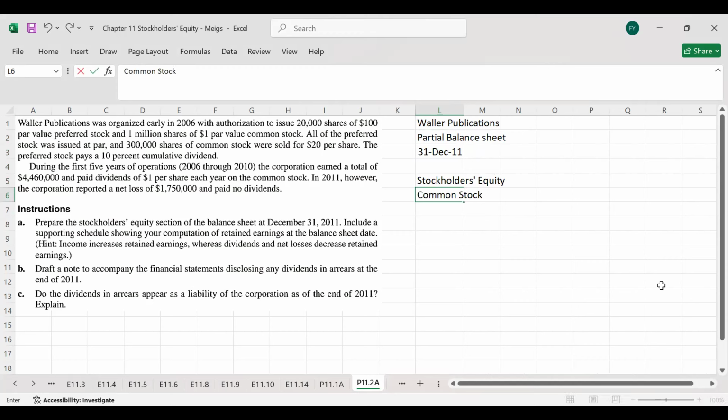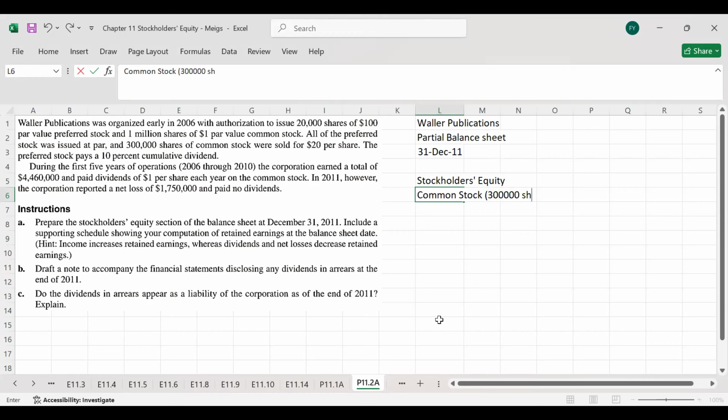Common stock, total 300,000 shares were issued. So 300,000 shares, and the par value is at the rate of $1.